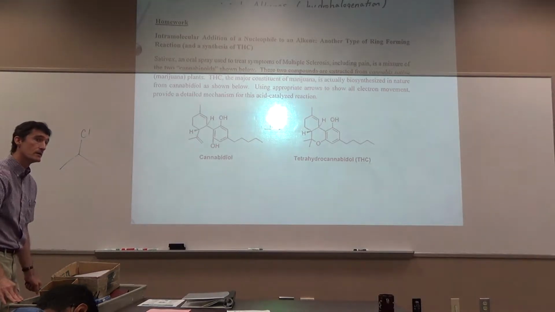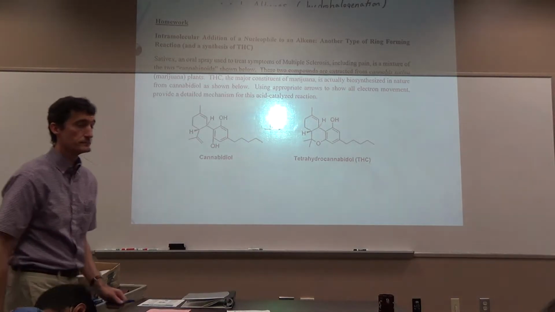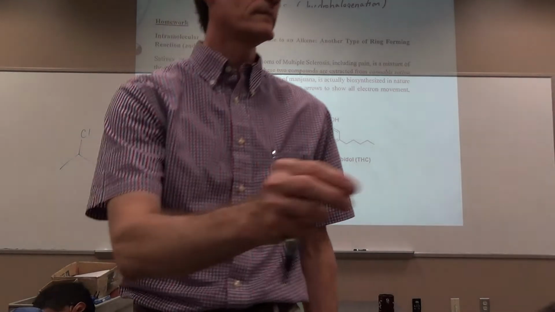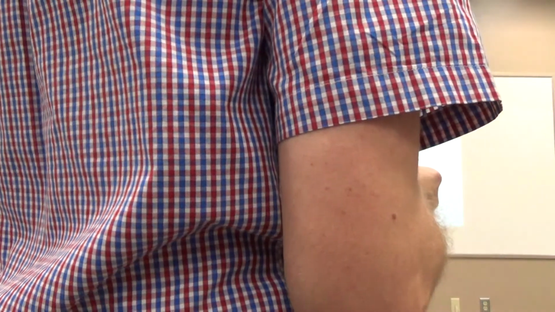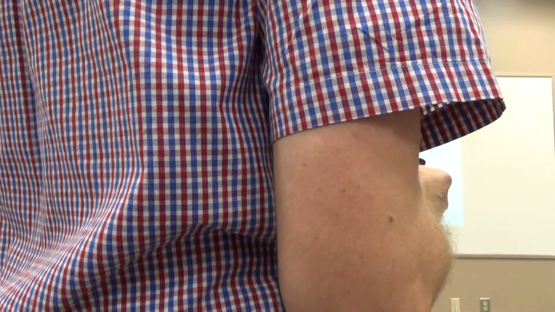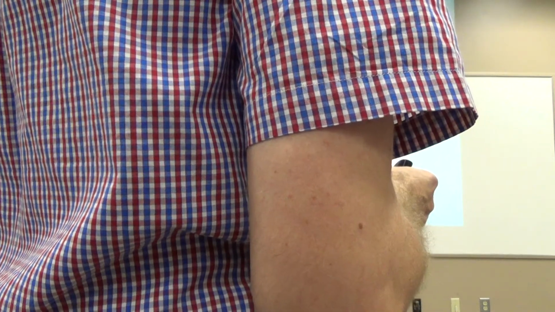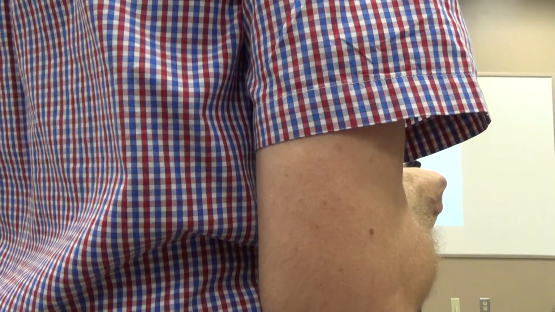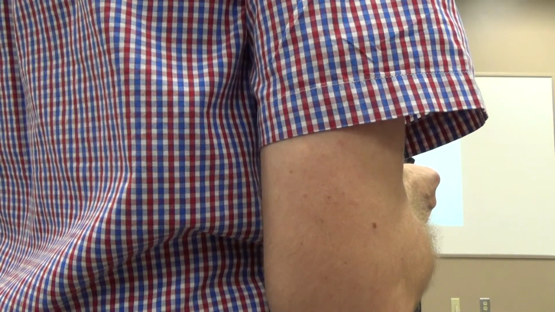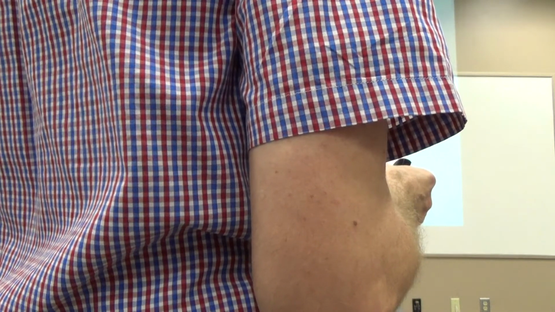I was confused about where the methyl shifts over, I guess. There's no methyl shift. I didn't see how you got two methyl groups on the carbon beside the oxygen.